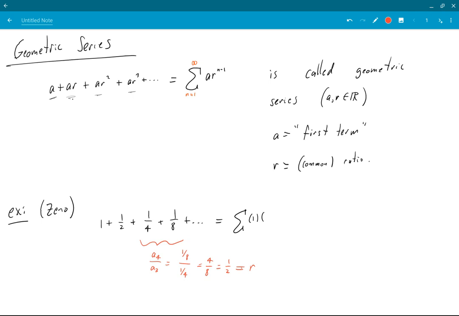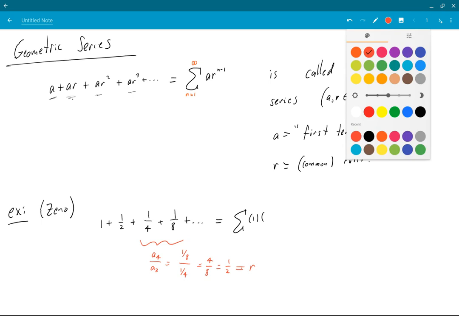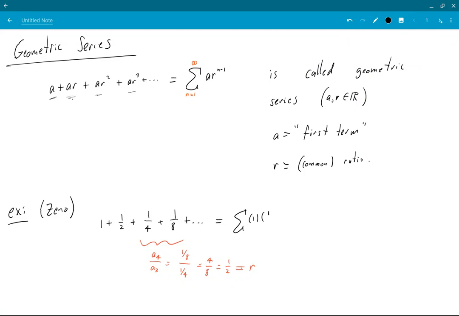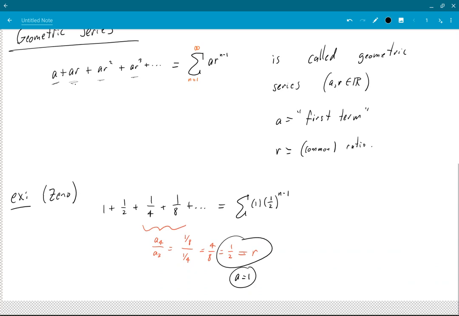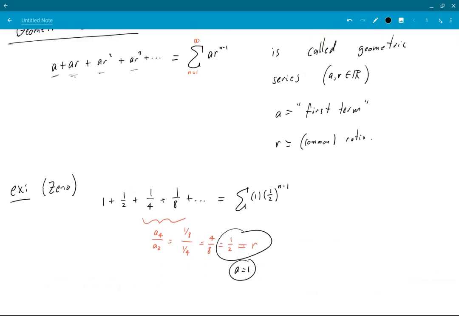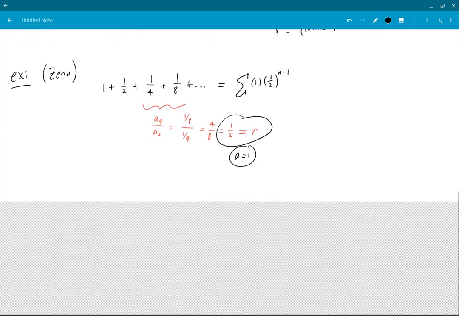You can't always think about an arbitrary series like this, but a geometric series you can think about like that. So we get a half to the n minus 1, and of course, a is equal to 1. So r is a half, a is 1. So Zeno is a geometric series.